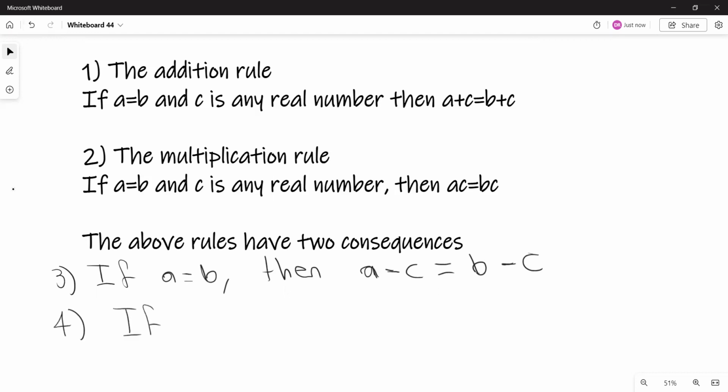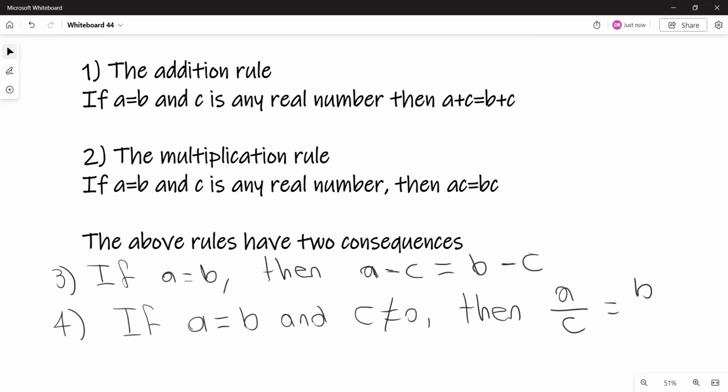And 4, you can divide by the same number, as long as the divisor is not 0. So if A equals B and C does not equal 0, then A over C equals B over C. So we learn all the stuff about real numbers.